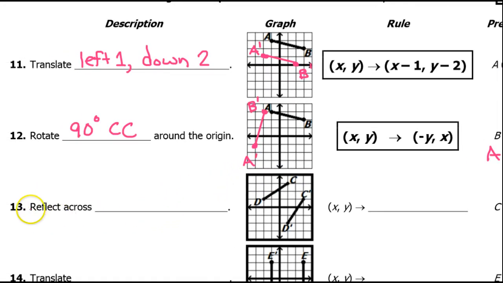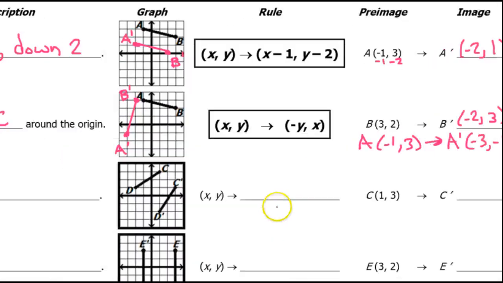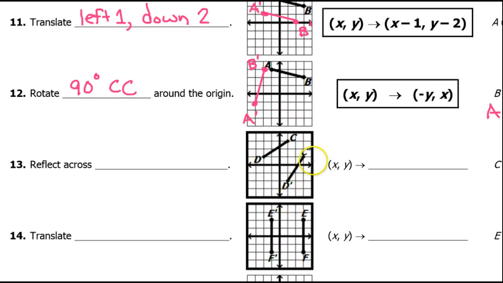So for number 13, we are given the picture and we have to fill in everything else. I can see that these two segments are mirror images of each other over this line. A diagonal line like this is the line y equals x.